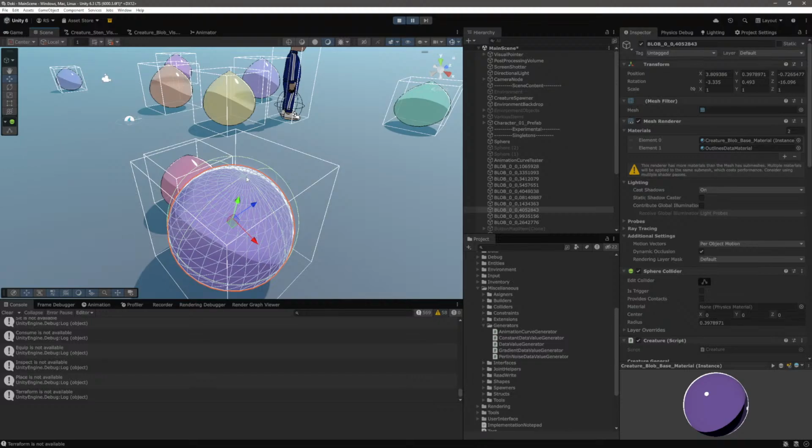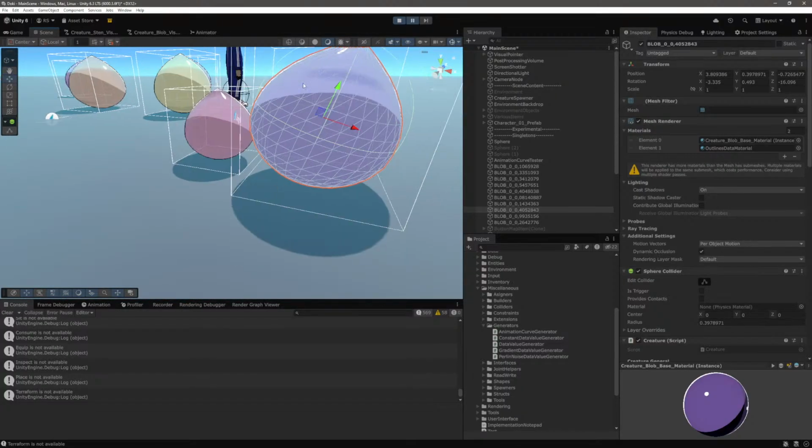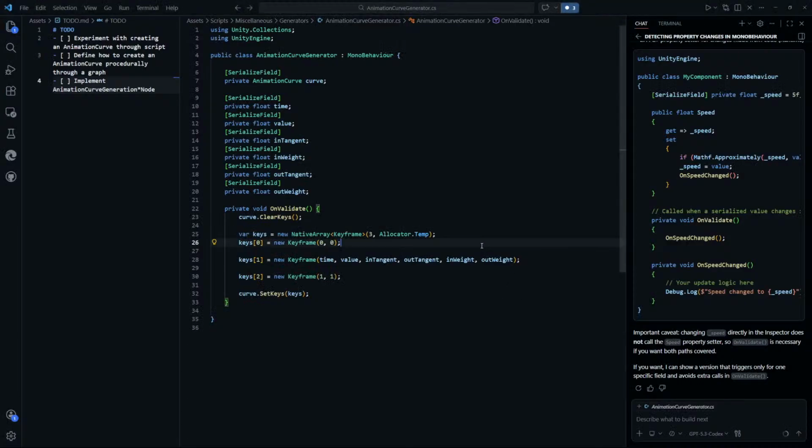Well, the value for the start and end keyframes should always be 0, right? And then in between, we're going to randomize how many keyframes in between and some other stuff.